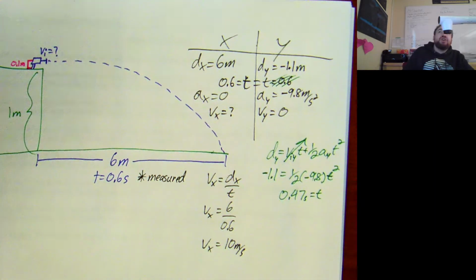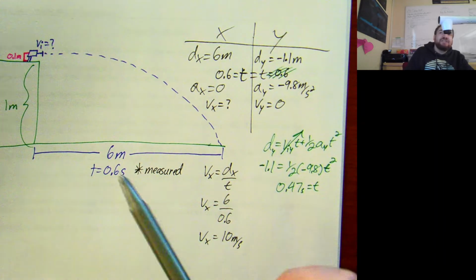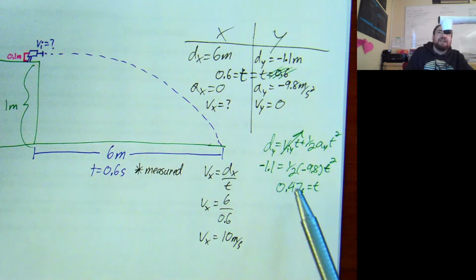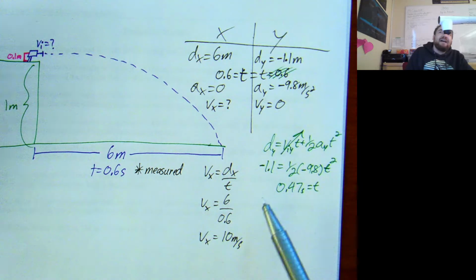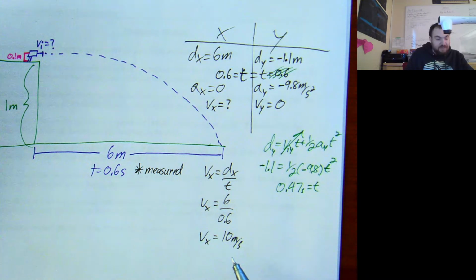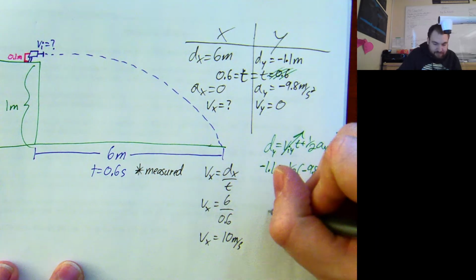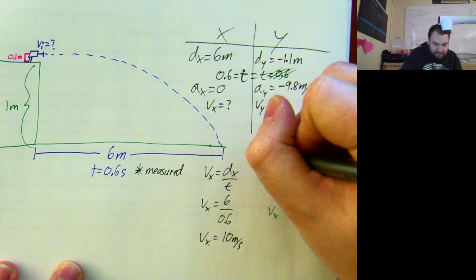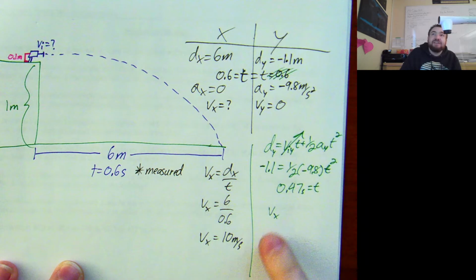So then this is what we measured, this is what we calculated. How fast should the dart actually be traveling? Let's do the Vx calculation again.